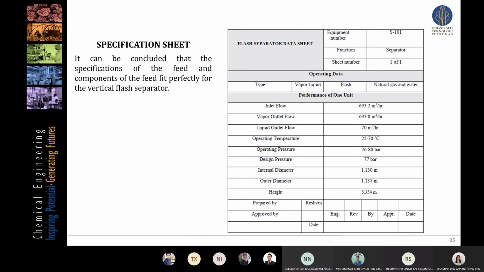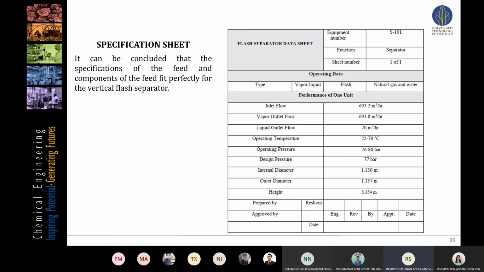Why is it that much, when your inlet liquid is very little? Because in the design specification, if it's too high, then the calculation will also go wrong, sir. It cannot be too high.